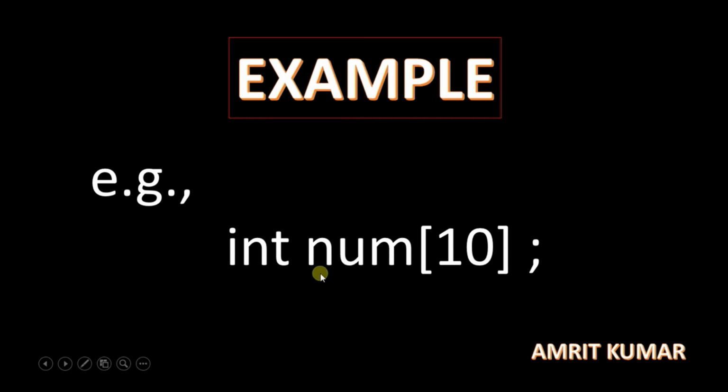Num is a variable, but the whole is a single dimensional array, which contains the data type integer. So whatever the array values are, they are going to be integers only. So this was the example.